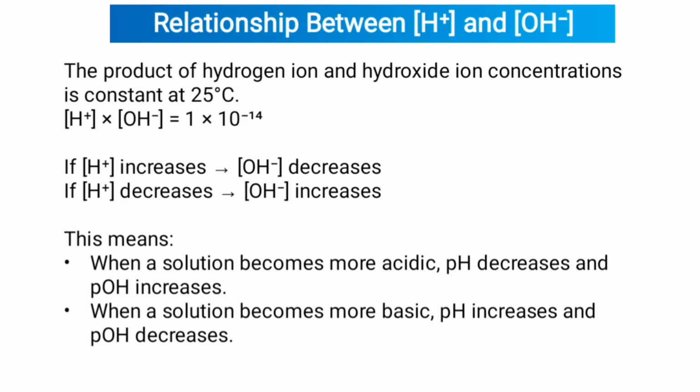If the concentration of H+ increases, the concentration of OH- decreases. If the concentration of H+ decreases, the concentration of OH- increases. This means when a solution becomes more acidic, pH decreases and pOH increases. When a solution becomes more basic, pH increases and pOH decreases.